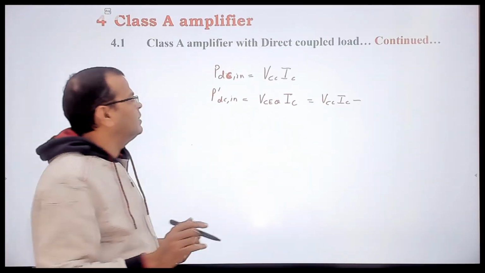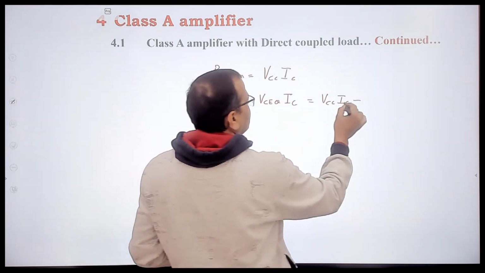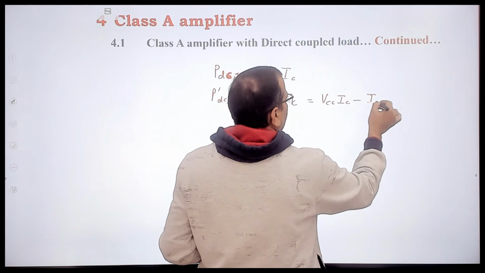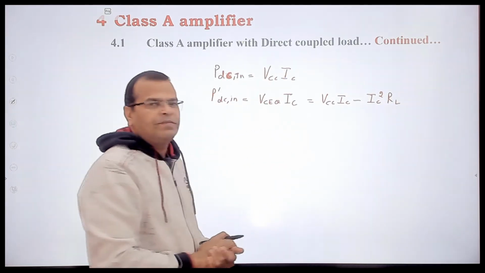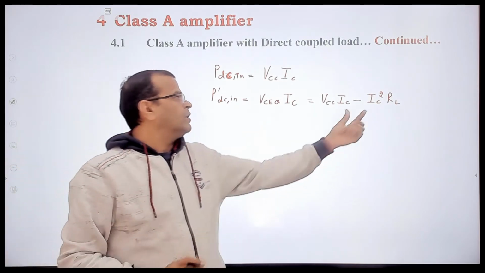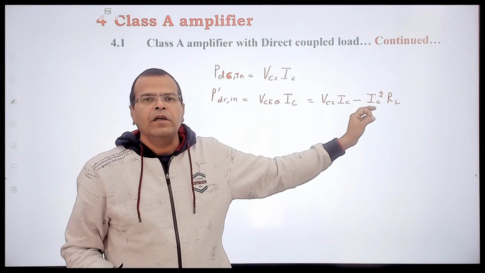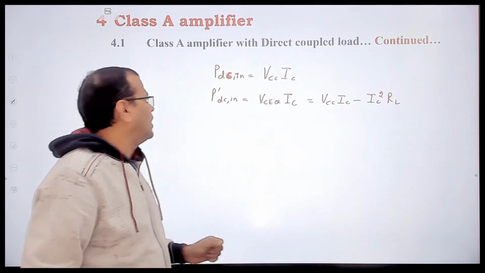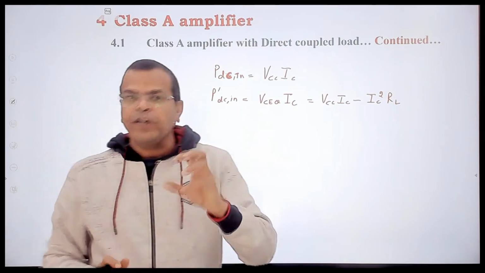So the power coming from the DC source is VCC into IC, minus the losses occurring across the load resistance. This is the DC power loss which is occurring in the load resistance.